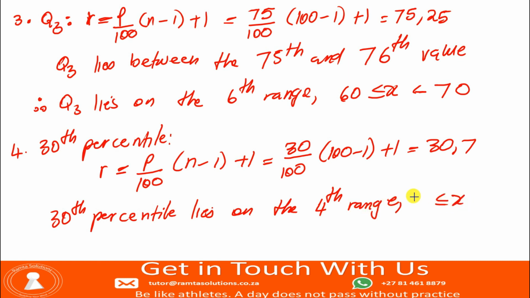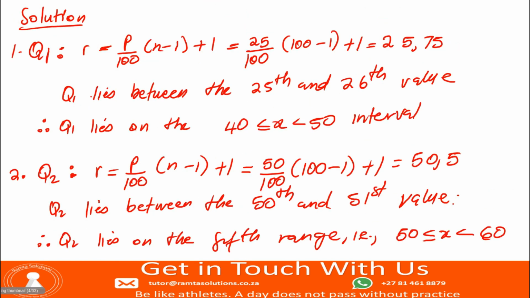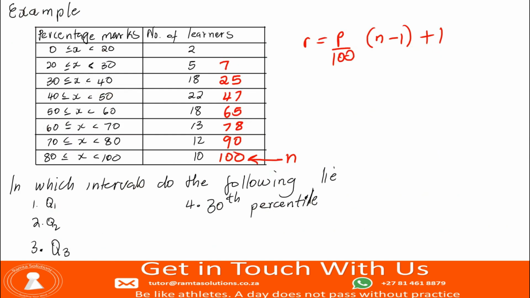X is greater or equal to 40, but less than 50, not less or equal. Less than 50. Okay? So this is how you get your percentiles for grouped data. Okay? This is how you get your percentiles for grouped data.